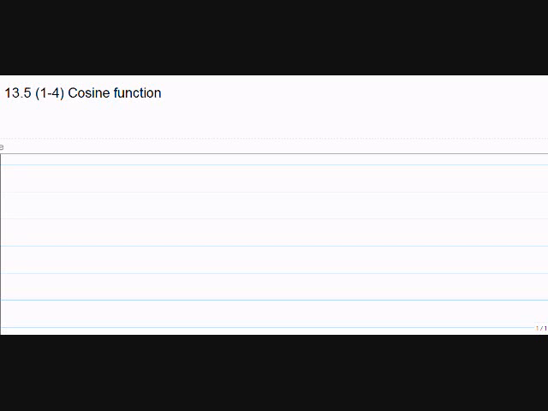So the cosine function, as you have hopefully figured out, if I just go from 0 to 2 pi, starts at its maximum and ends at its maximum.